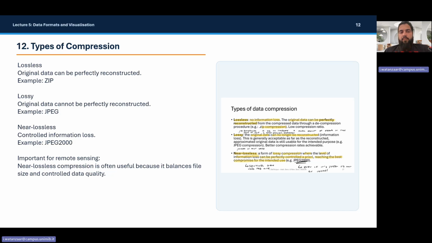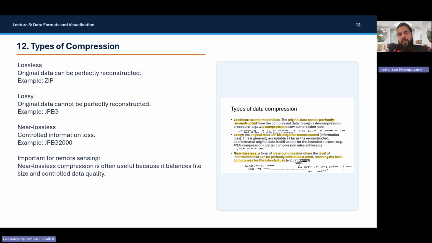But in the lossy case, original data cannot be perfectly reconstructed, so there is a chance we can lose a little bit of data, which is not really important. In near lossless, we have a controlled amount of information loss. For example, JPEG 2000 is a really famous type of compression for remotely sensed data.